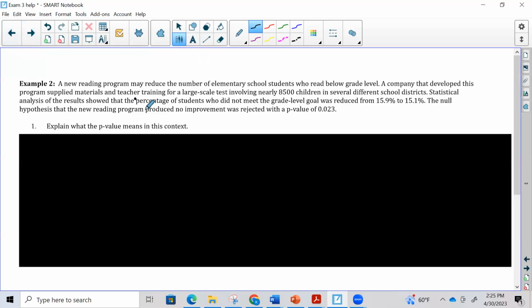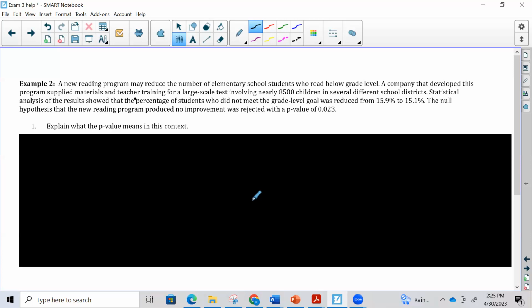Okay, so just for one more with interpreting the p-value, this is from the Unit 3 packet. A new reading program may reduce the number of elementary school students who read below grade level. A company that developed this program sampled materials, and the teacher training for a large-scale test involved nearly 8,500 children in several different school districts.